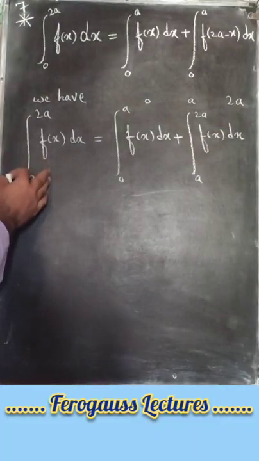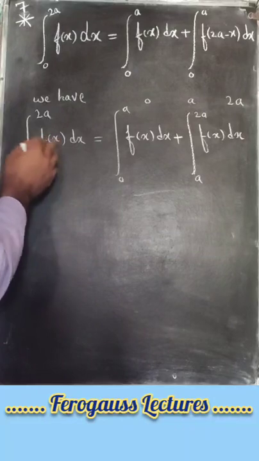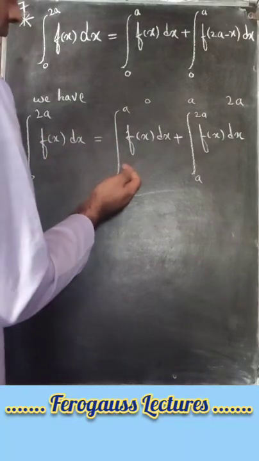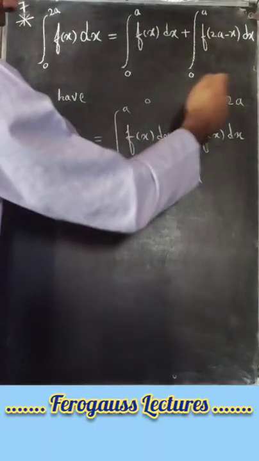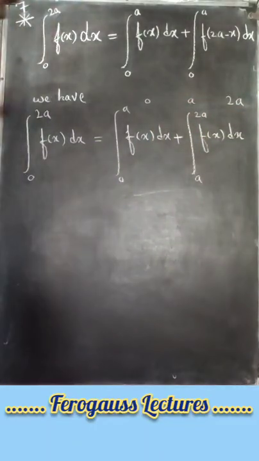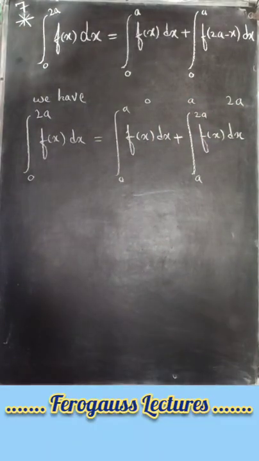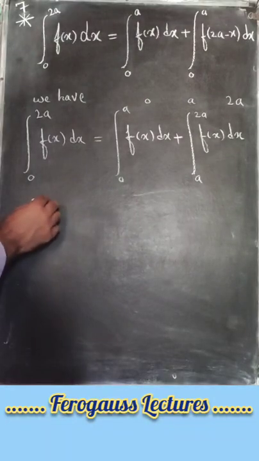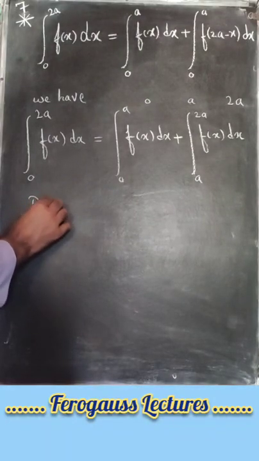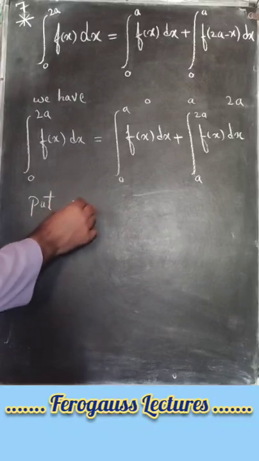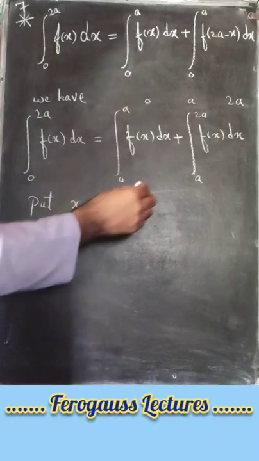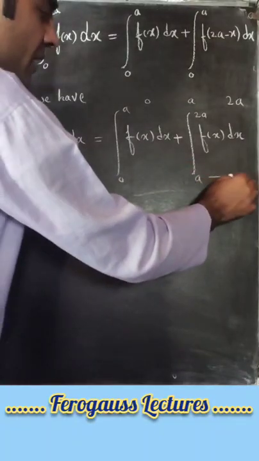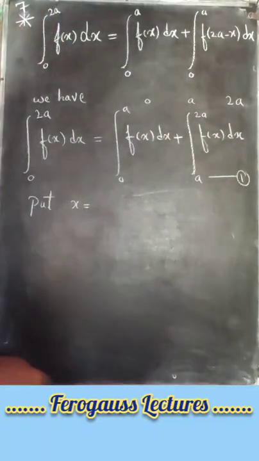Thus we break this integral 0 to 2a of f(x) dx into integral 0 to a of f(x) dx plus integral a to 2a of f(x) dx. Let us name this equation as equation first.